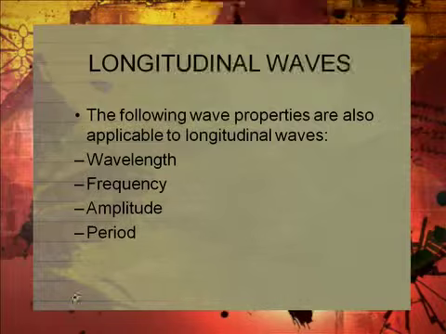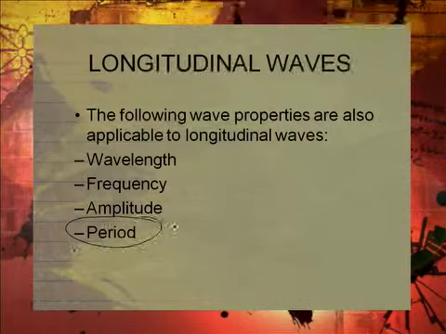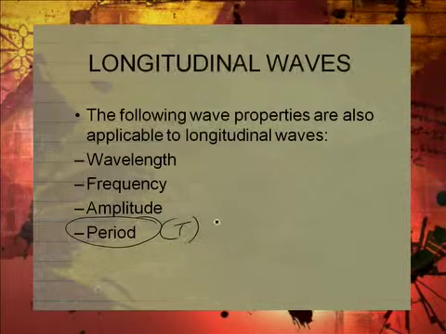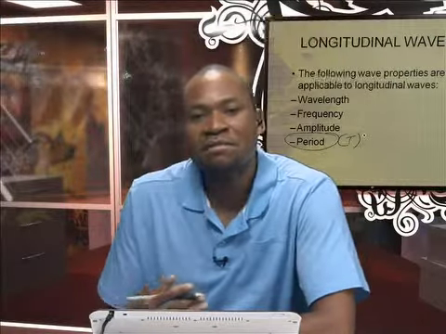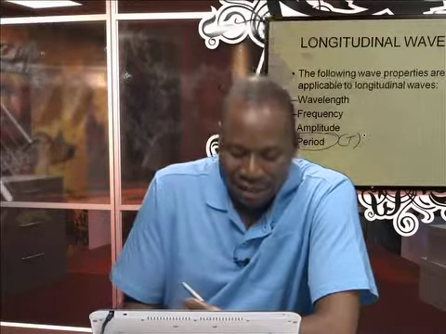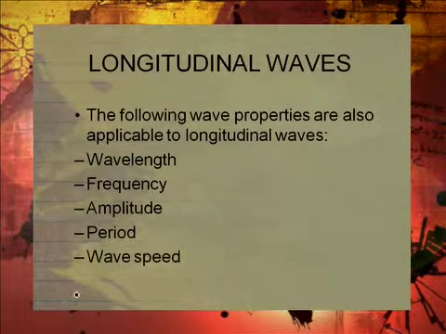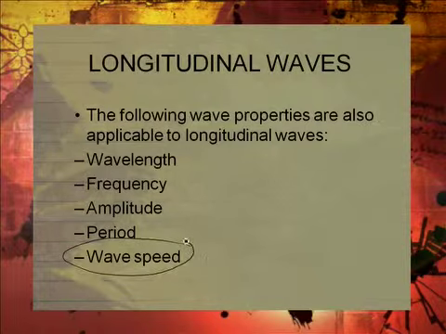So all these apply to longitudinal waves as well. Period T is how long it takes for one complete vibration to pass a point. And the wave speed v also applies here.